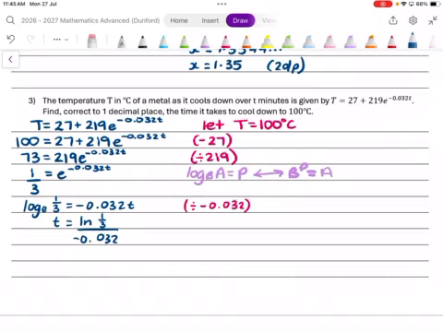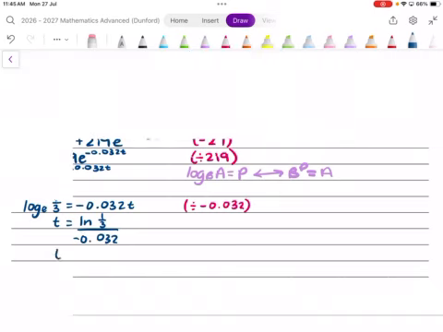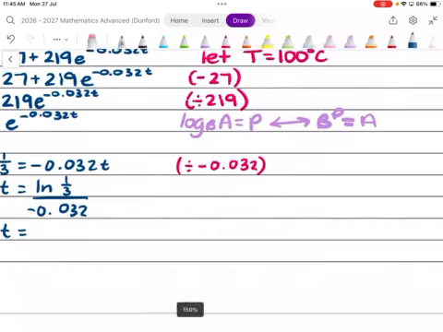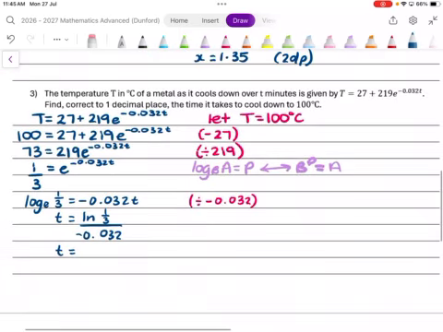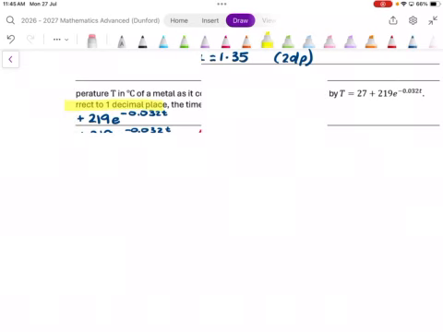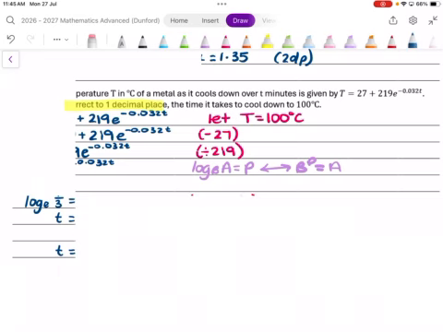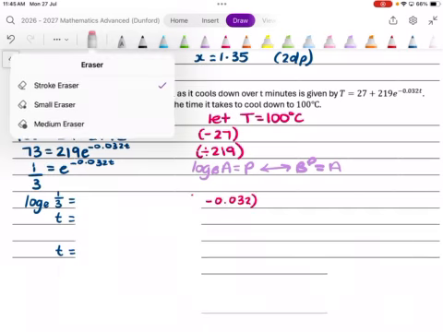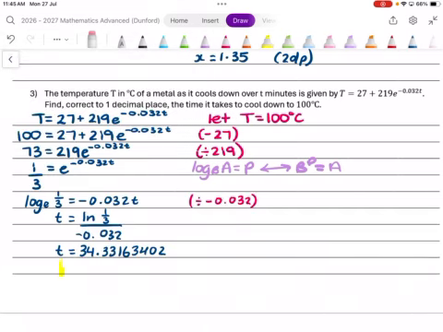So we get t equals 34.33163402. Okay, and we want the answer to 1 decimal place. So t will equal 34.3 minutes.